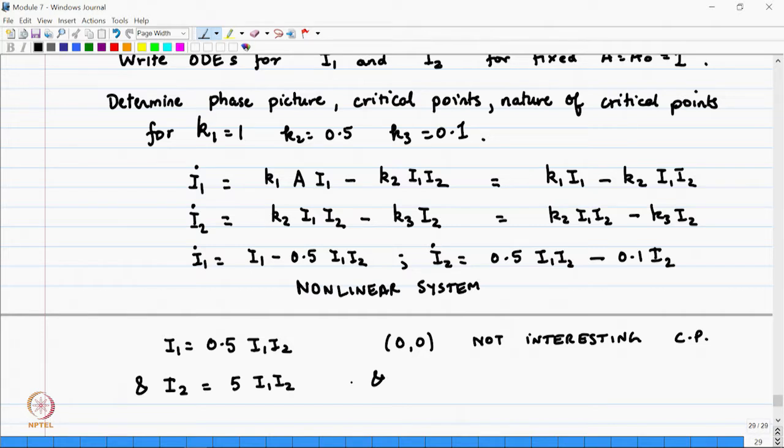The other critical point is I2 equal to 2 and I1 equal to 0.2. Okay. So this critical point is 0.2 comma 2.